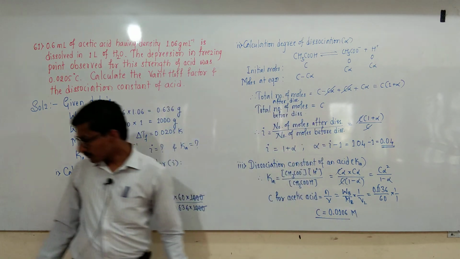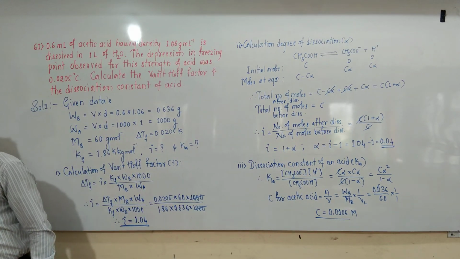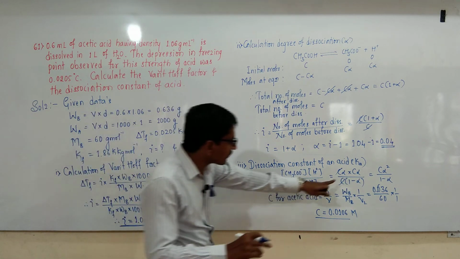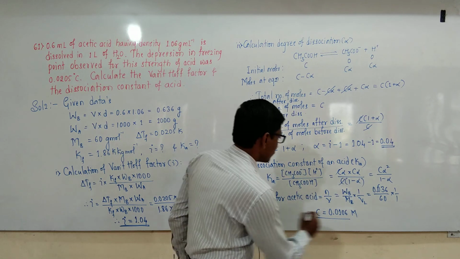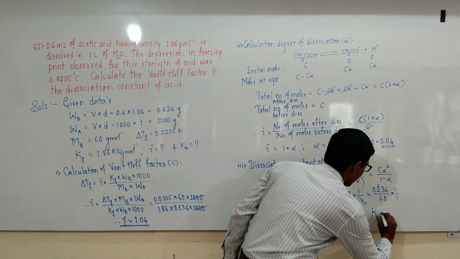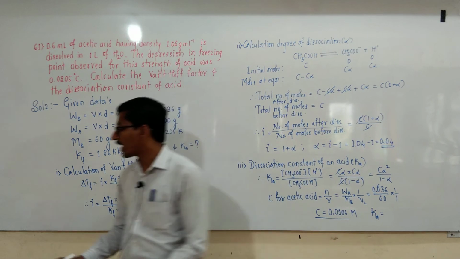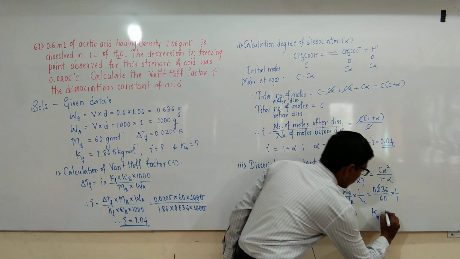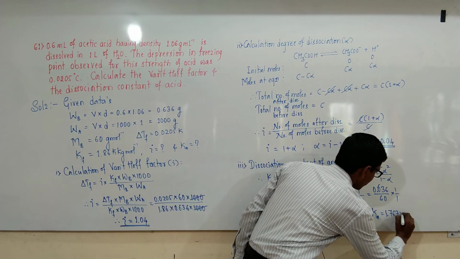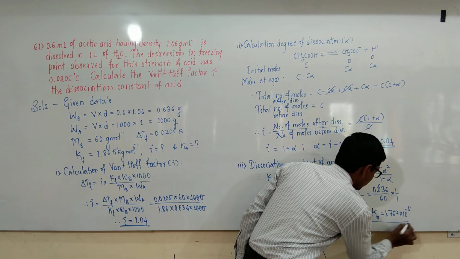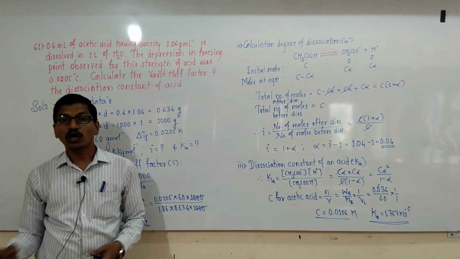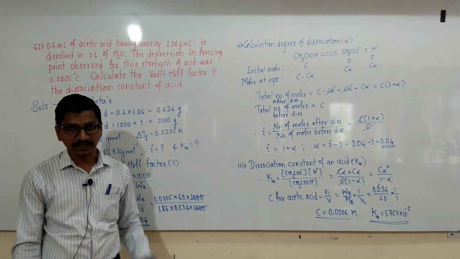This is the concentration of acetic acid, and by substituting the value in this equation, the Ka value, the dissociation constant of an acid, is 1.767 into 10 raised to minus 5. This is the dissociation constant of acetic acid.